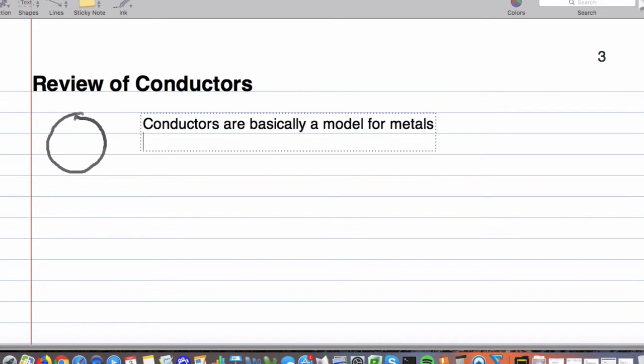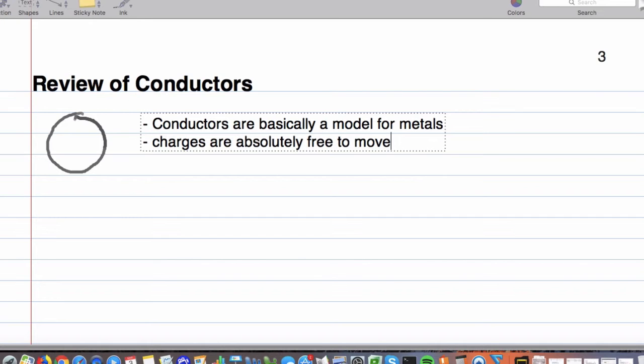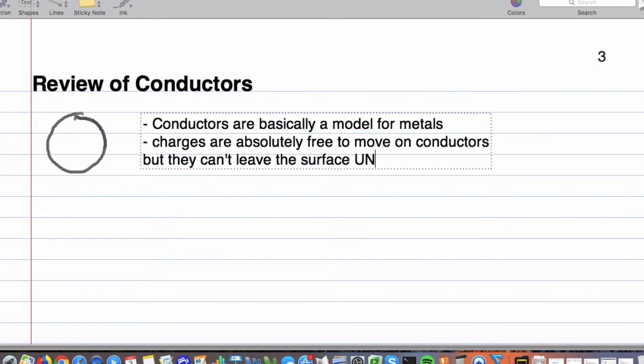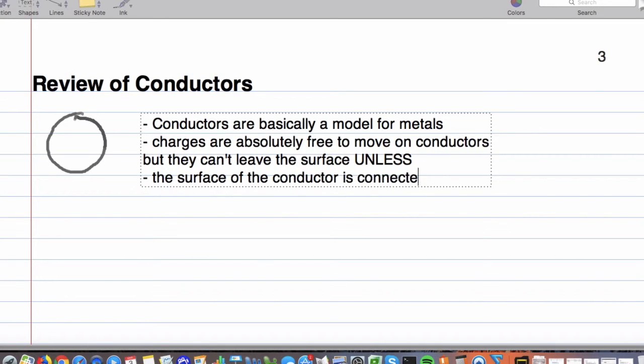And the rule for conductors is charges are absolutely free to move on conductors, but they can't leave the surface unless, and this will be our third point, the surface of the conductor is connected to a wire.